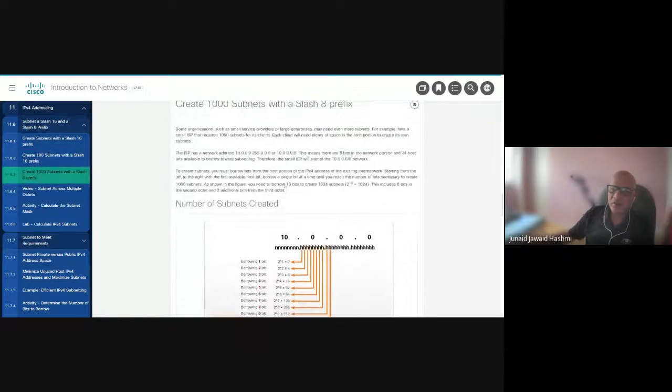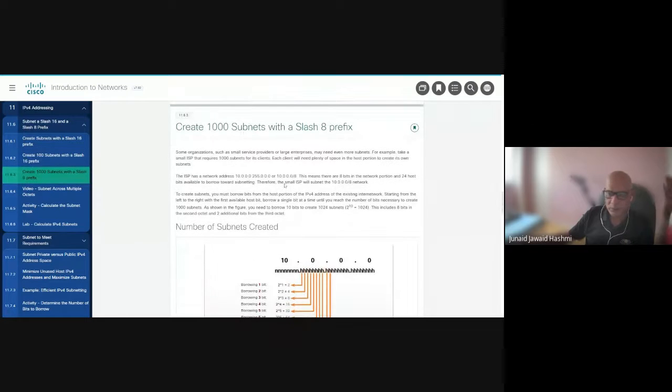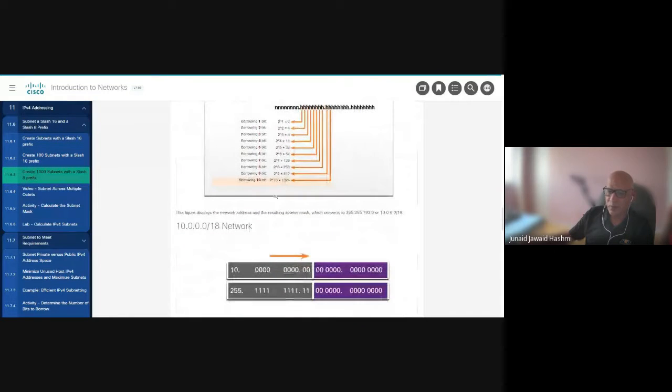And here you create 1000 subnets. I don't know, if you create 1000 subnets, you have to take a Class A IP address. Okay, and you can borrow from the host, because here you have, how many hosts do you have? You have 24 bits for the host ID.